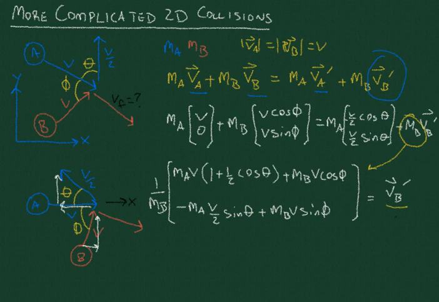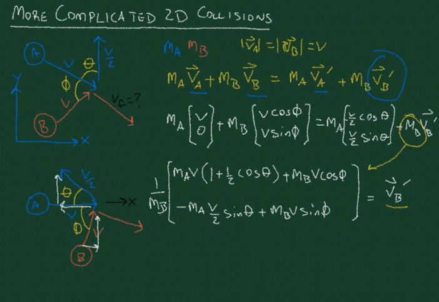Okay, so now let's see if this makes sense. So overall, we have a positive component in the x direction because everything here is positive. And sure enough, since A is moving to the left, we should have a positive component for our velocity for B. And then if we look at the y component, we see that we have two terms.